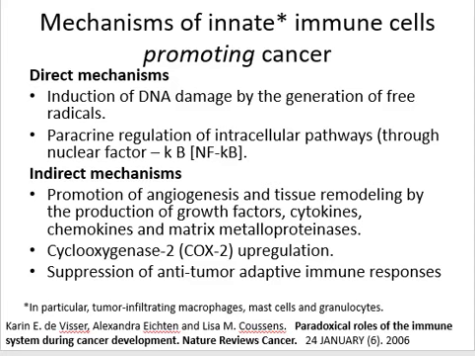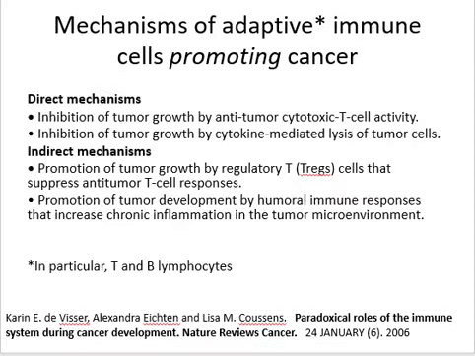Anyway, enough about that pathophys. Let's get into some of the more details. Other mechanisms by which the adaptive immune cells can promote cancer are listed here. You can see alterations in anti-tumor cytotoxic T activity. They become redirected, and so they ignore the tumor cell. As for indirect mechanisms, Tregs have been shown to play a huge role.